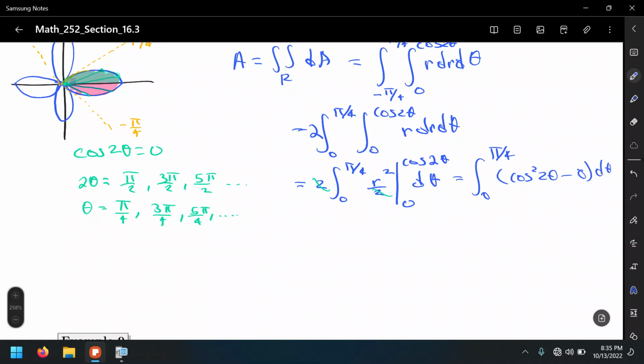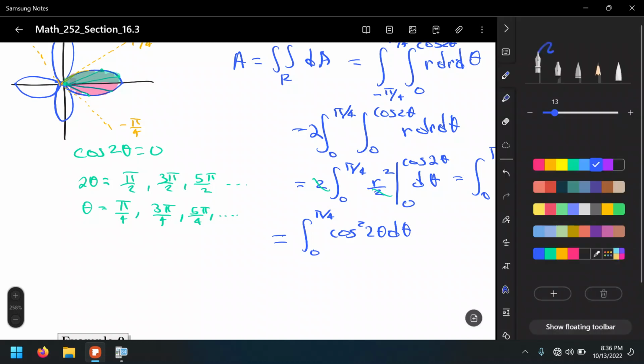To compute the integral from 0 to pi over 4 of cosine squared 2 theta, again we cannot use a u substitution, if we said u equals cosine, because we would need a factor of sine multiplying the d theta. However, we can use a trigonometric identity.